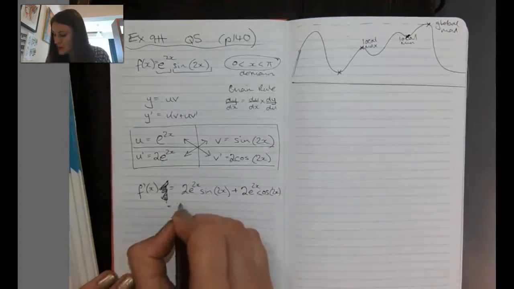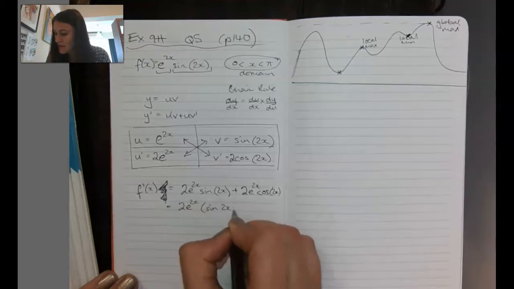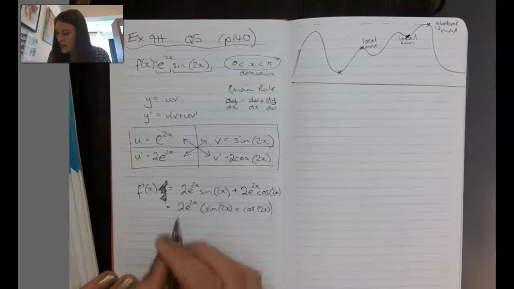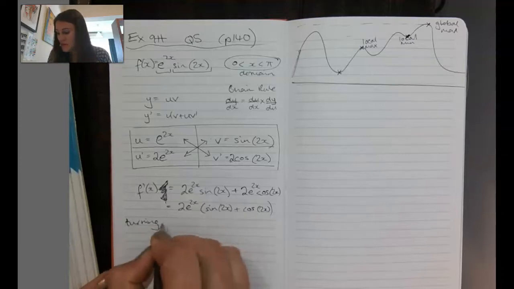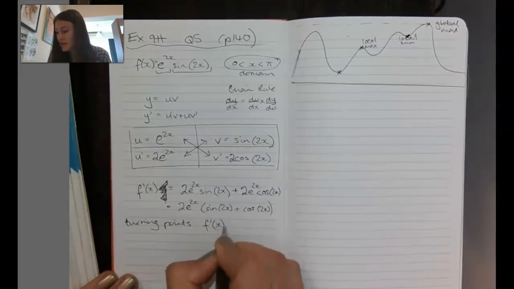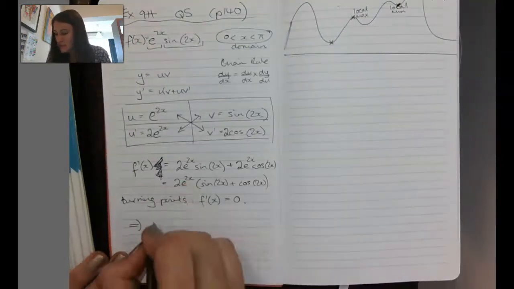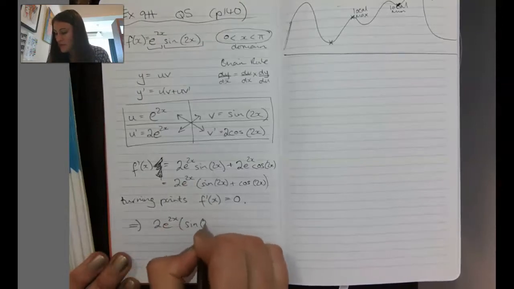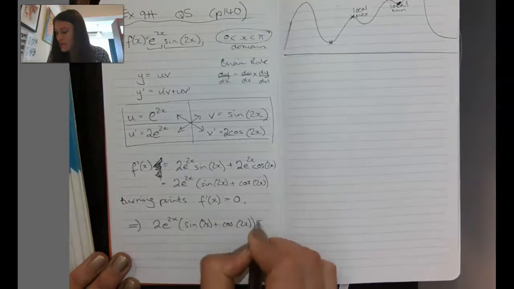So that gives me 2e to the power 2x times sine of 2x plus cos of 2x. And for turning points, f dashed of x equals 0. So that tells us that 2e to the power 2x times sine of 2x plus cos of 2x is 0.